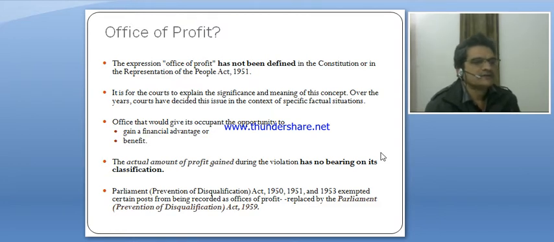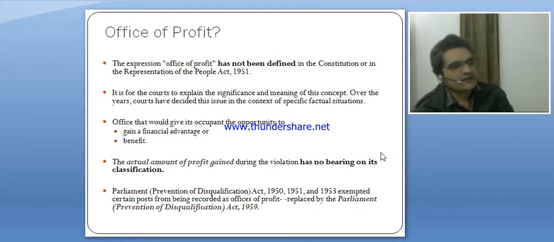They both make a mention of the office of profit, but do not define it in so many words. So it is left to the courts and also to adjudicating bodies like the Election Commission to decide whether a given office will fall in the category of the office of profit.